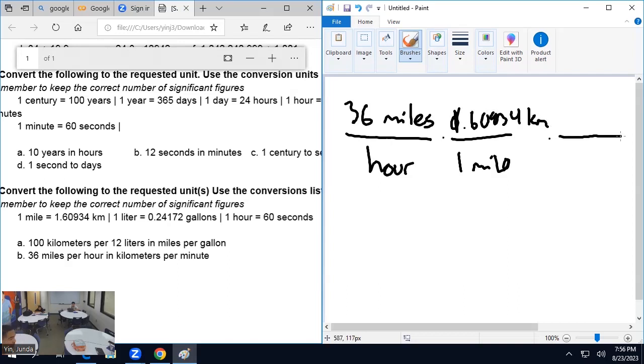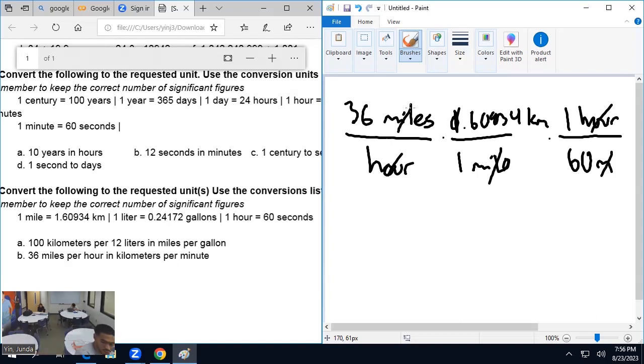And then 1 hour over 60 minutes. 1 hour, 60 minutes. Yeah, that's correct. Boom. We're doing kilometers per minute. Okay, you're good.